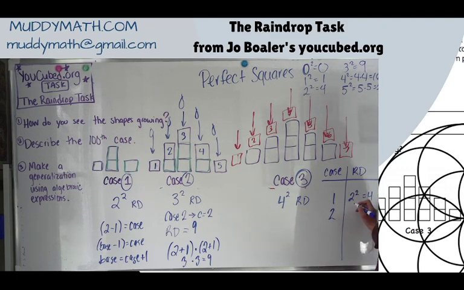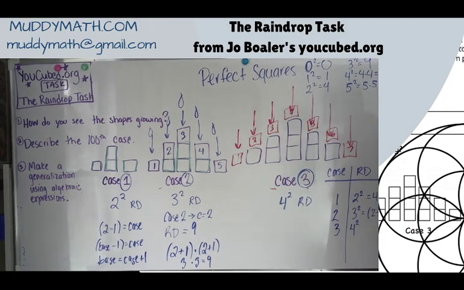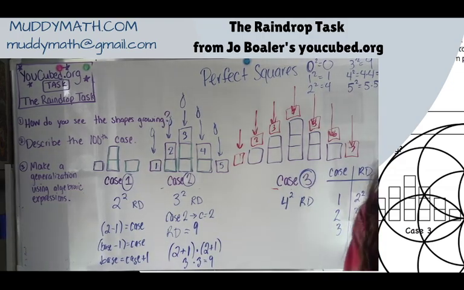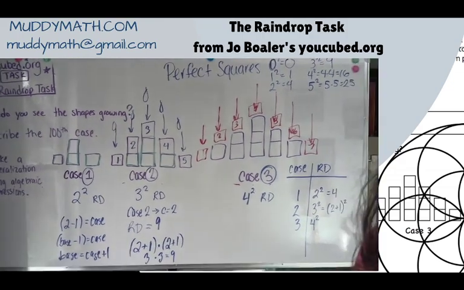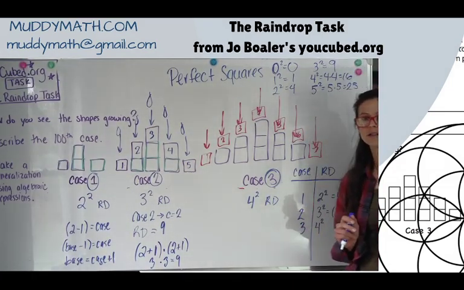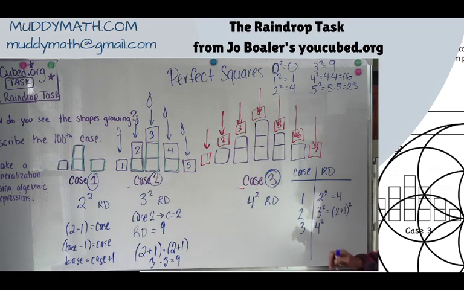Case 2, we have 3 squared raindrops, but I can write that as 2 plus 1 squared raindrops. Case 3, I'm going to try to expand my structures a little bit more here. Okay, I hope you can still see it. It's wiggling all around, and I can adjust the camera just slightly. There we go. All right, and I'm trying to block the reflections. Here we go. All right.